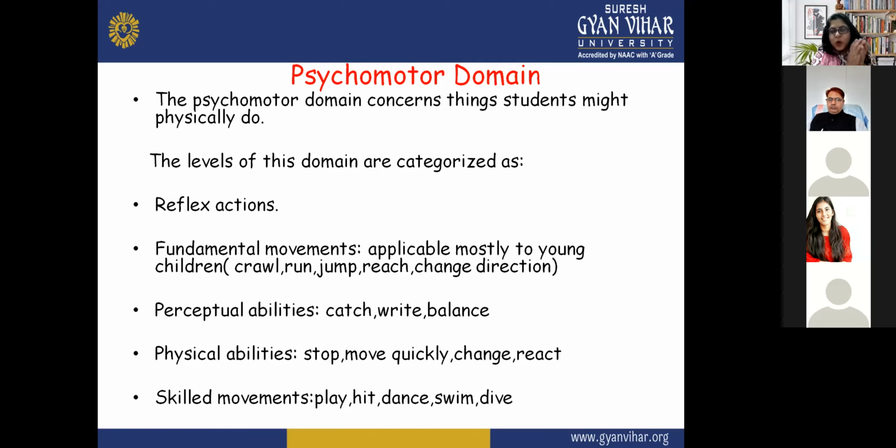Maybe you are a sports teacher telling the child to catch the ball. Or teaching a child to hold the pen or pencil at primary level, or to balance if you are a dance teacher. Such perceptual abilities are related to the psychomotor domain.